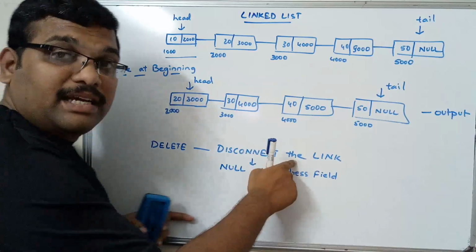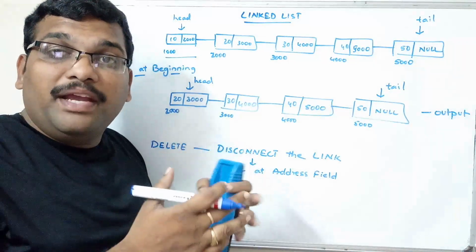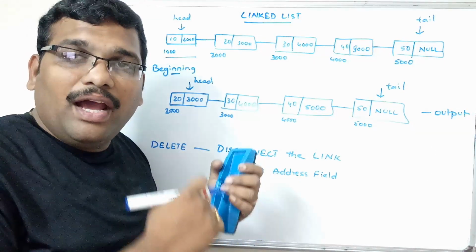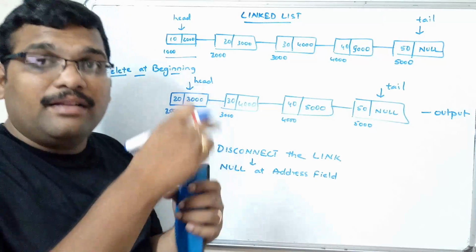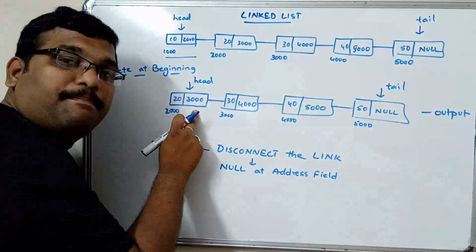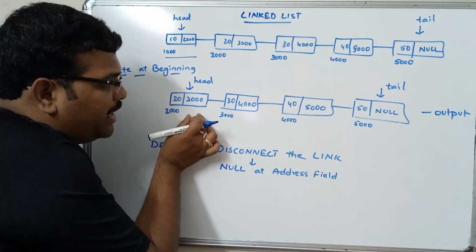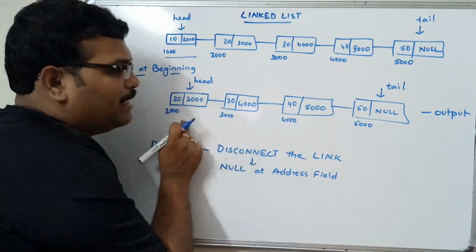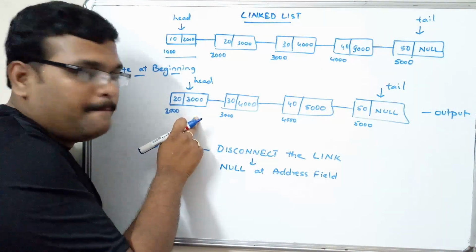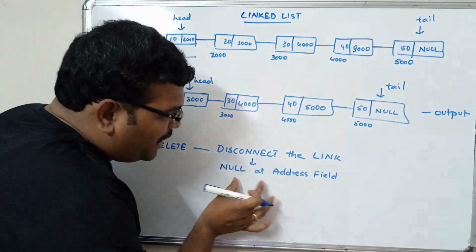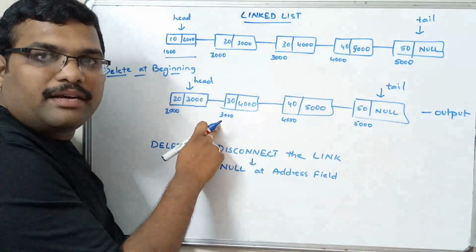Because the elements occupy different locations and we establish a link between one node and another node by placing the address of the next node in the present node. So here the node is 20 and the address stored is the address of 30. That means the second element's address is stored in the first node's address field. So if you place null at the address field, automatically the link will be disconnected.